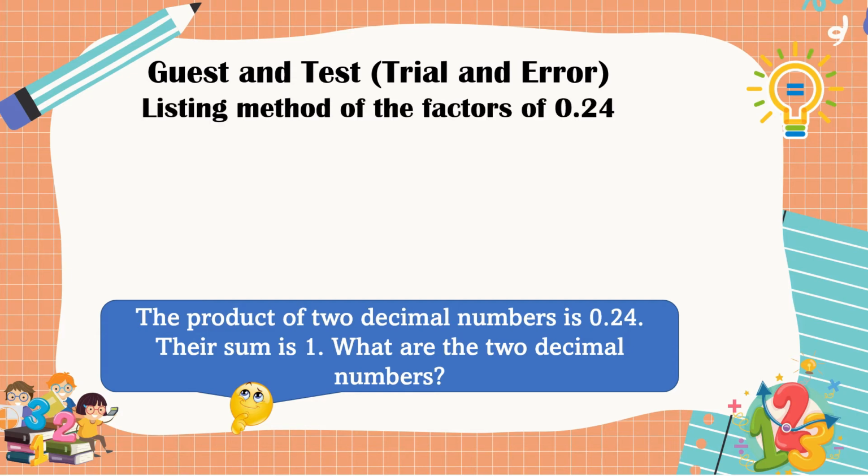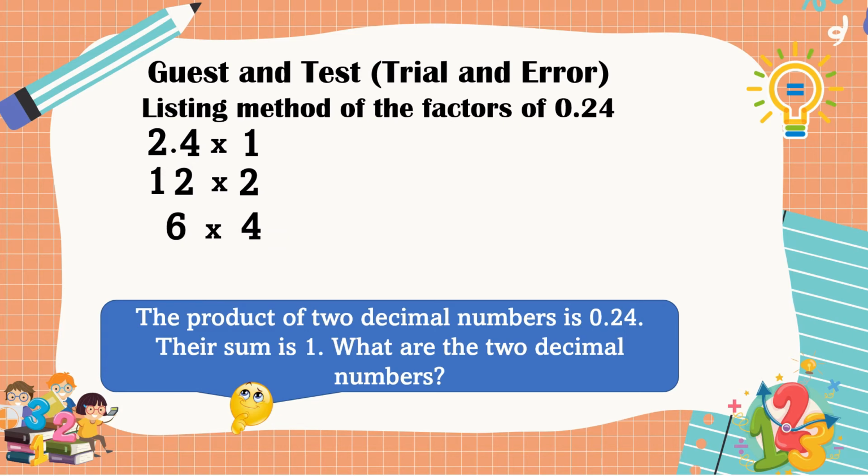First, we're going to list down all the factors of 24 hundredths. As we all know, in multiplying decimal numbers, multiply as if multiplying whole numbers first. So, we can first find the factors of 24. 24 is equal to 24 times 1, 12 times 2, and 6 times 4.